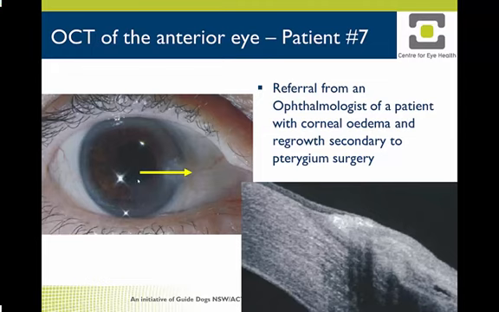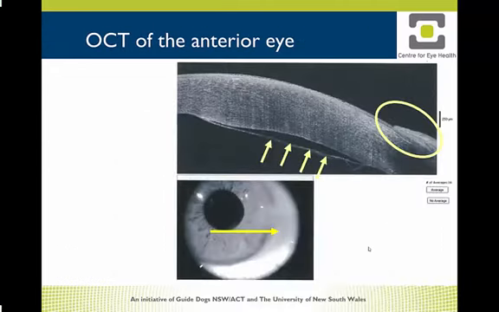If you do an anterior OCT image through this, you can see the pterygium going in between the epithelial cells here and the stroma, so it's almost just pushing into the eye. In this schematic here, which is a bit lower, you can see that the pterygium is on top of the surface, which clinically really is a better outcome.